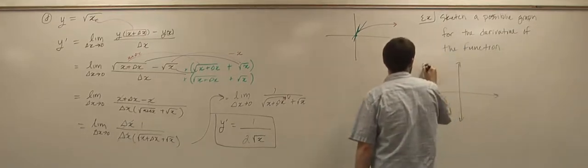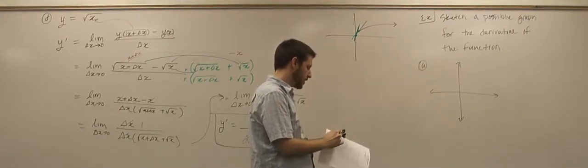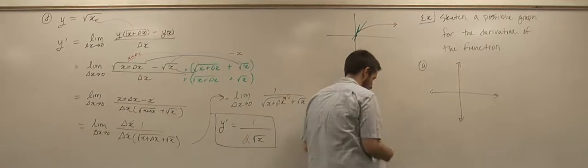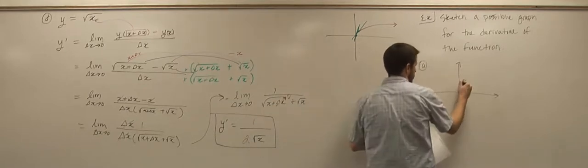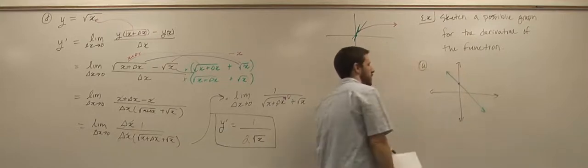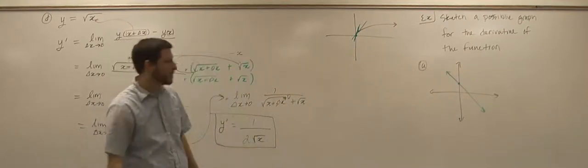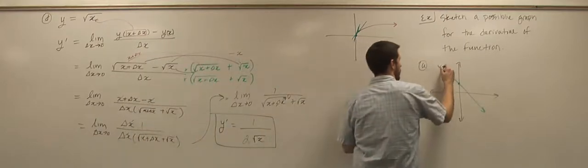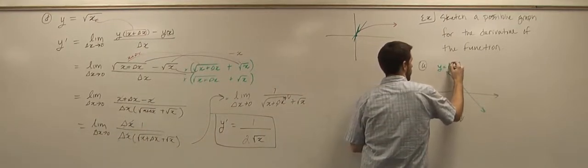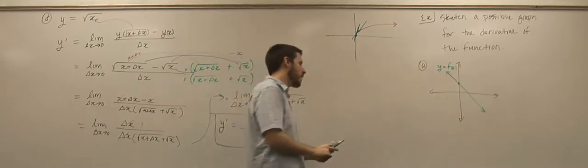Here's A. The function is going to look like this line. And I want a possible graph of f prime, the derivative.